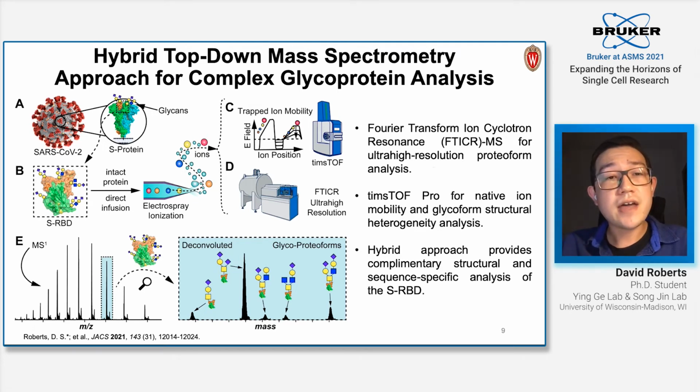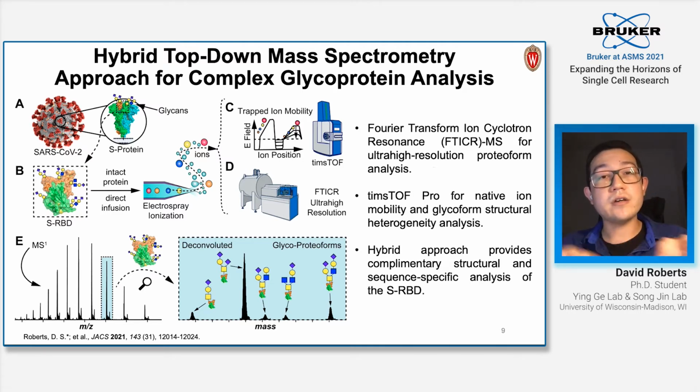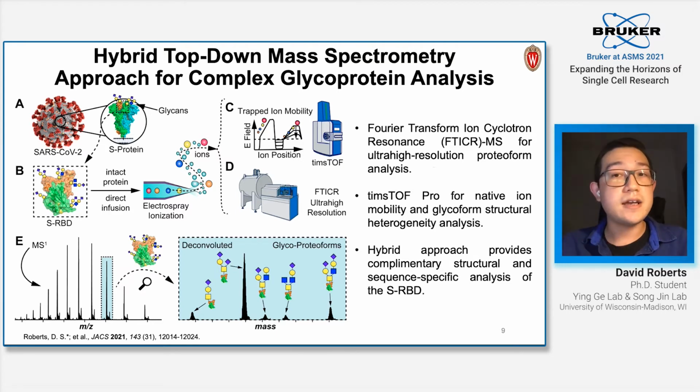And on top of that, we leverage the ultra-high-resolution ability of the Fourier transform ion cyclotron resonance Solarix 12 Tesla Bruker mass spectrometer to provide an isotopically resolved and very high accuracy understanding of each of the different glycostructures with the ability to characterize its sequence and sites.